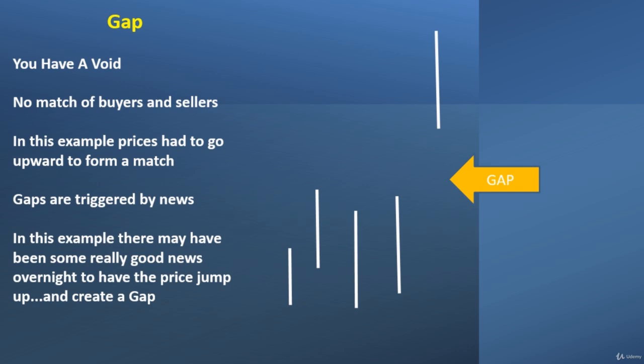And what you have going on here is a void. You have this space, and what's going on is there's no match of buyers and sellers. There's no matching of somebody looking to sell or buy at a certain price within that gap area. There's a gap between the two price ranges between the 2 days. In this example here, prices had to go upward to form a match.